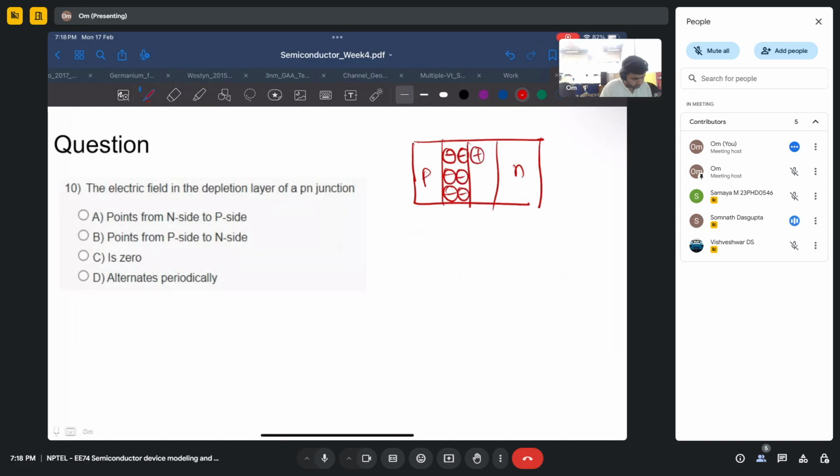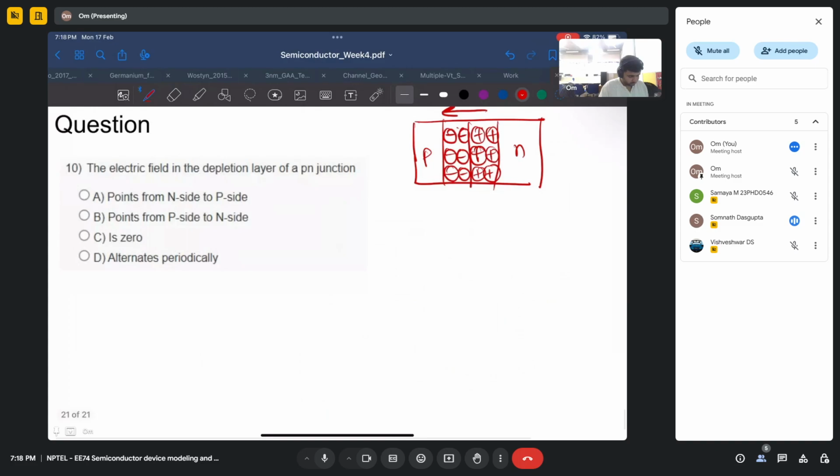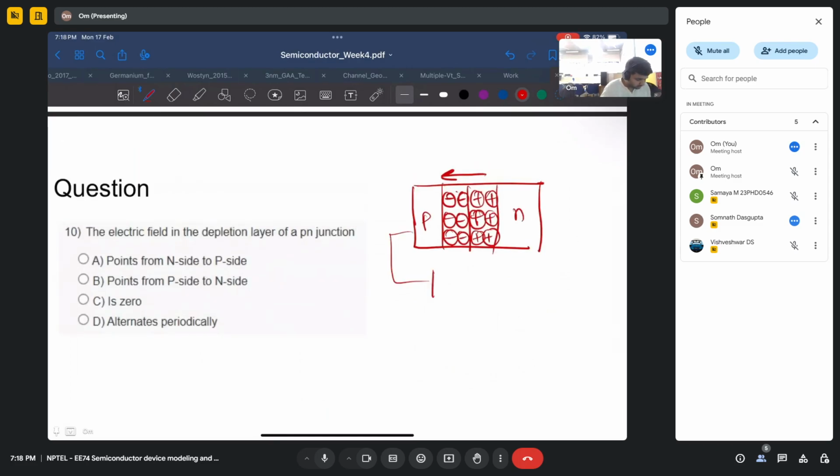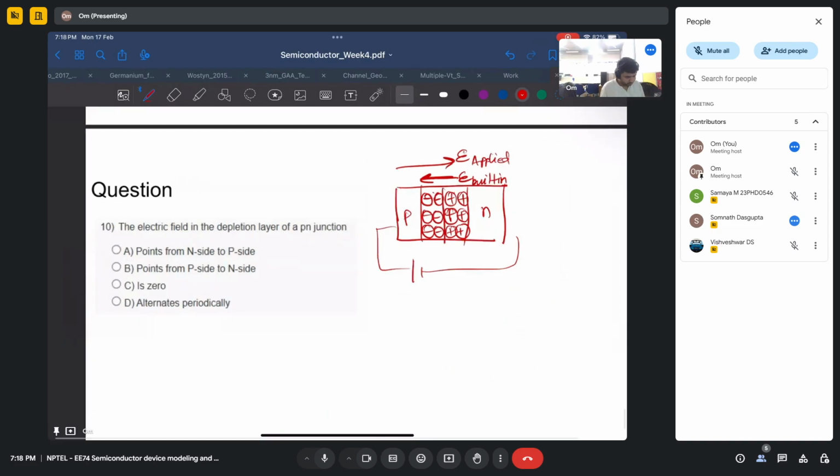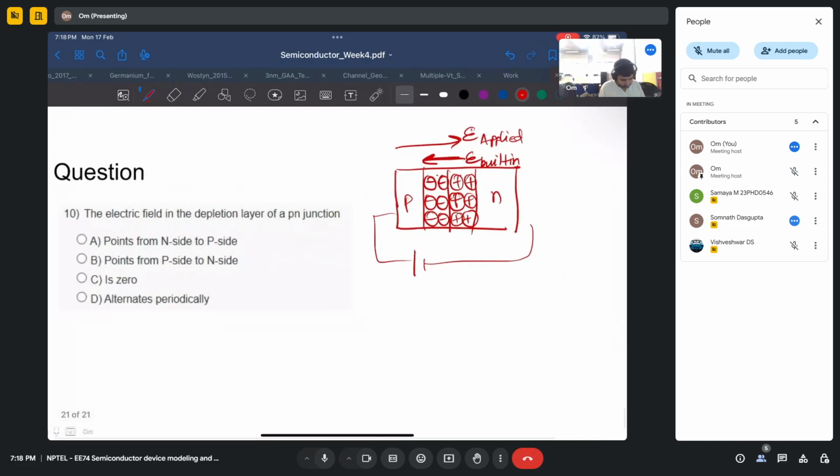And in N-type we have positive ions. So the electric field will flow from positive to negative inside the depletion layer, so it is N to P. The direction depends on whether you apply forward or reverse bias. What forward bias does is, when you apply it like this, it basically negates the built-in depletion electric field. So it is from N to P.